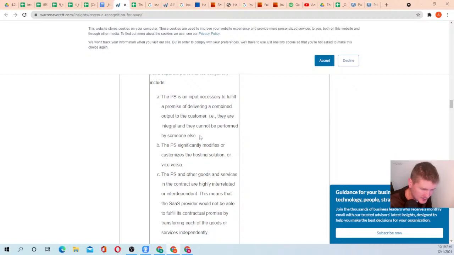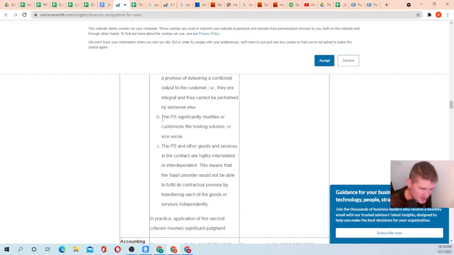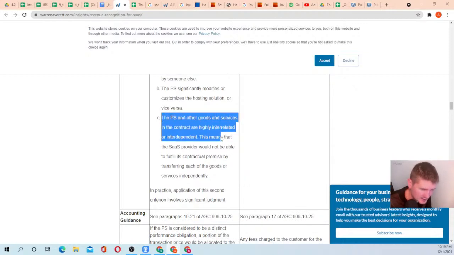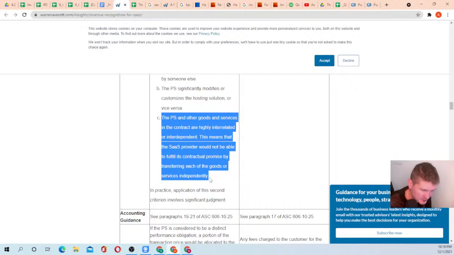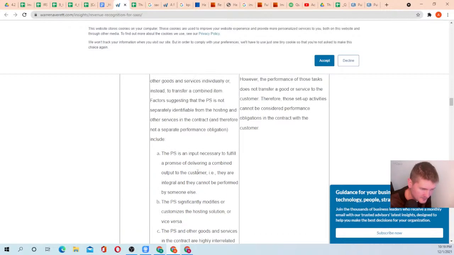They are integral and they cannot be performed by someone else. The professional services significantly modify or customize the hosting solution, or vice versa. The professional services and other goods and services in the contract are highly interrelated or interdependent. That means that the SaaS provider would not be able to fulfill its contractual promise by transferring each of the goods or services independently.